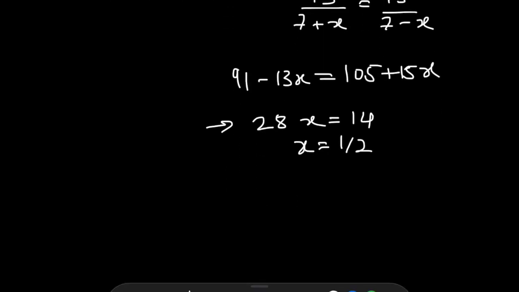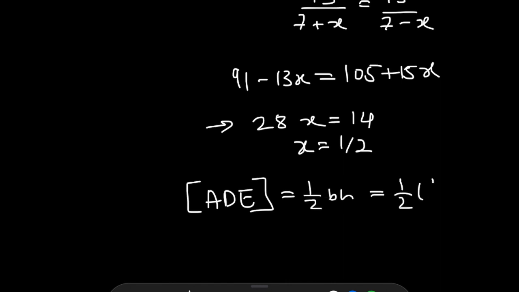So we know that ED is equal to 1/2, and the altitude is 12, so we can find the area of ADE by 1/2 base times height, which is 1/2 times 1/2 times 12, and this is equal to 3.